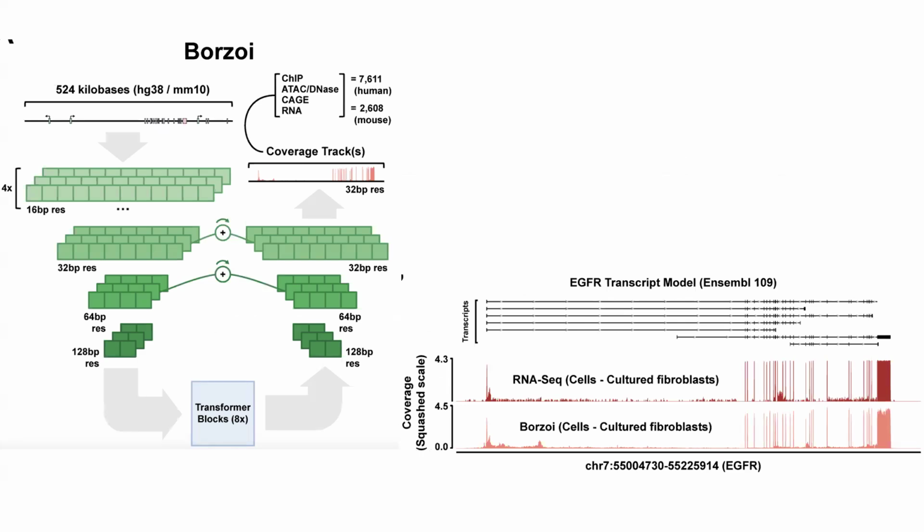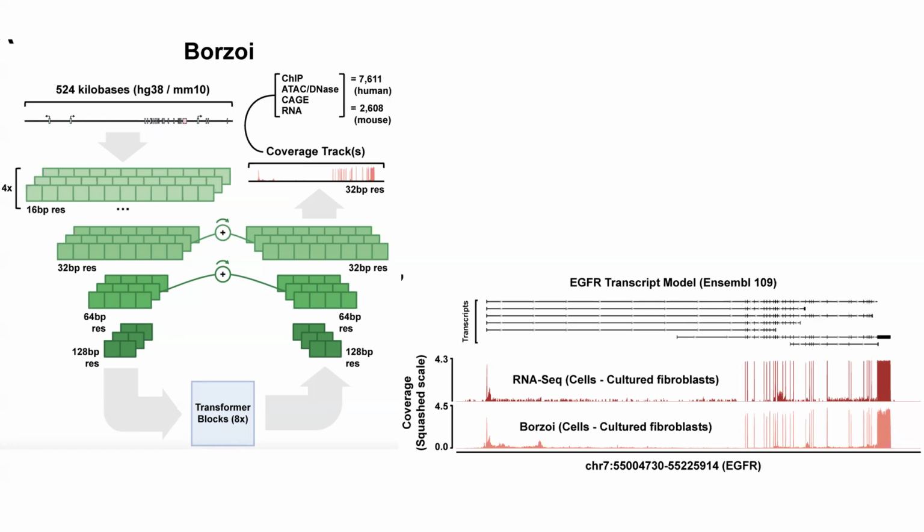And so the structure of the model should look kind of familiar to you guys. It's pulling together concepts that at this point we've talked about a lot. It's basically a UNet, right? It starts out with high resolution DNA, looking at 16-mers of nucleotides, and then it's downscaling that, so it's looking at 32 base pair chunks, and then 64, and then 128. Once it's in that lowest resolution format, it goes through transformer blocks.